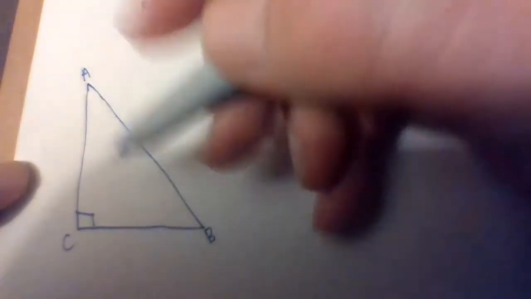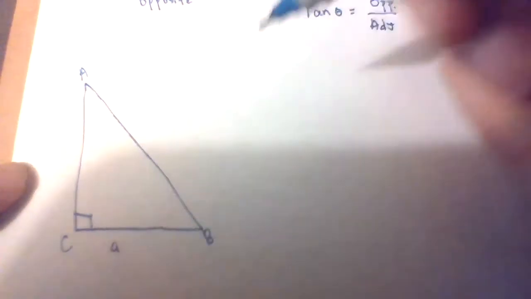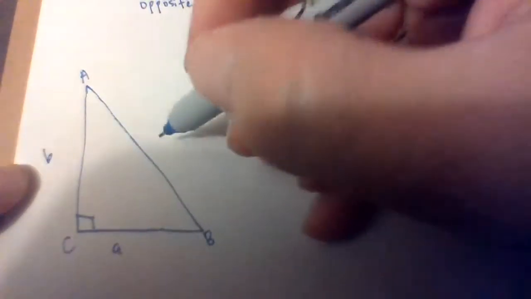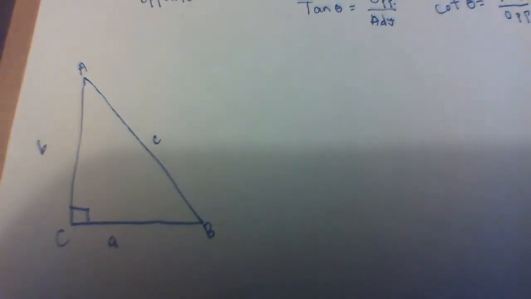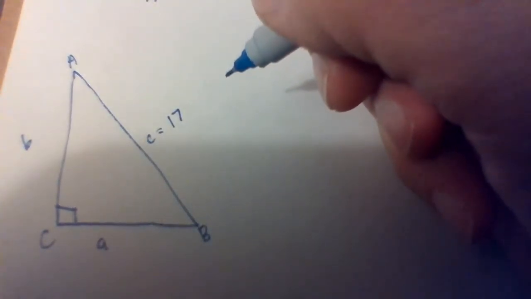Opposite of angle A, we'll have side A. Opposite of angle B, we'll have side B. Opposite of angle C, we'll have side C, and those will be lowercase letters. Okay, the side lengths are lowercase letters, the angles are uppercase. Let's say I give you C as 17, and we'll give you B as 8.